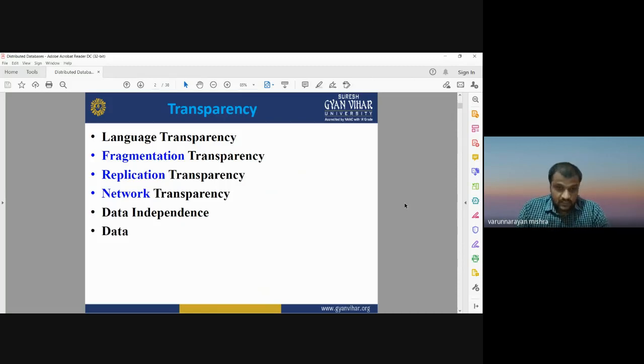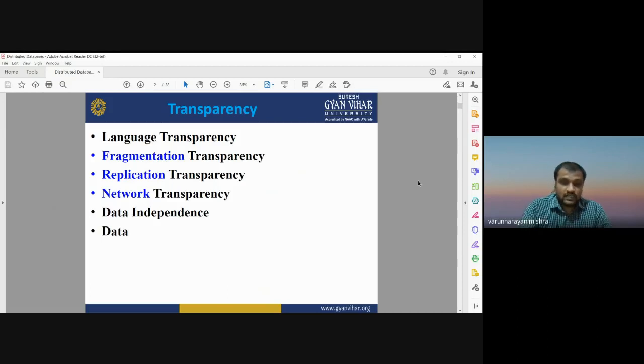Out of all the transparency, we will see fragmentation, replication, and network. These three are very important types of transparency feature that are provided by distributed database management system.